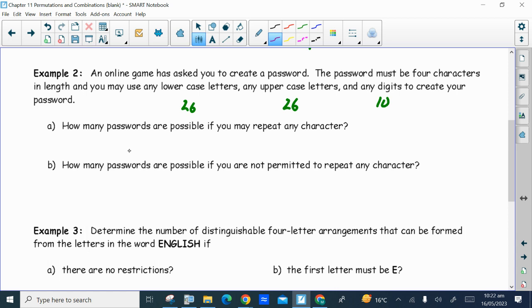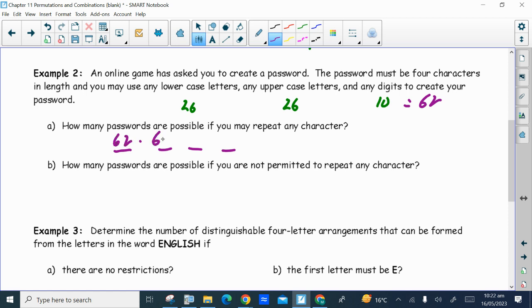So again, it has to be 4 characters long, so let's mark down 4 spaces. And as we said, 26 and 26 is 52, plus 10 is 62. There are a total of 62 characters that you can choose from. In part A, we want to know how many passwords are possible if you can repeat characters.